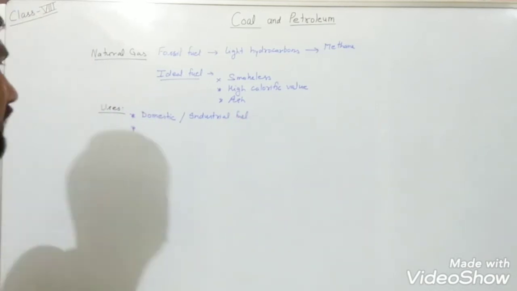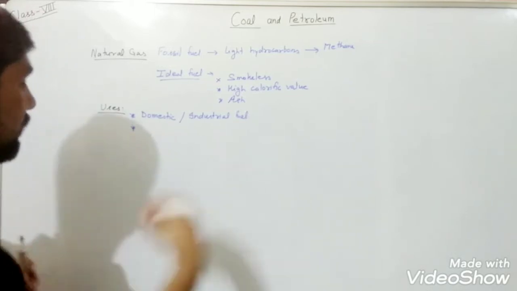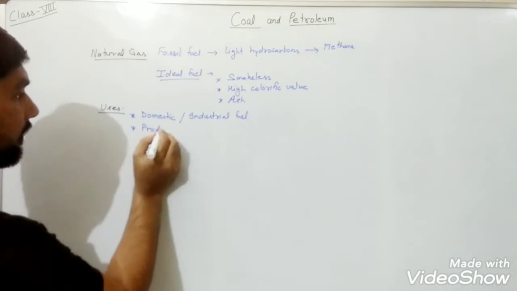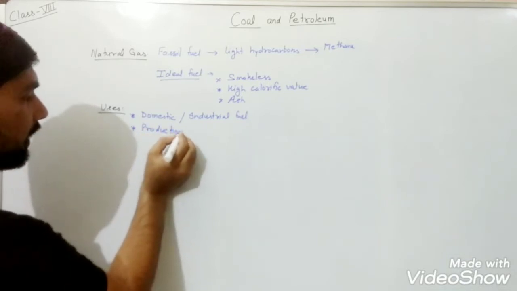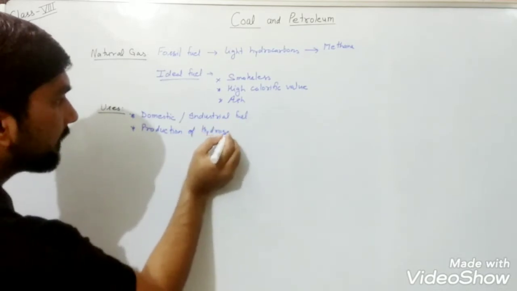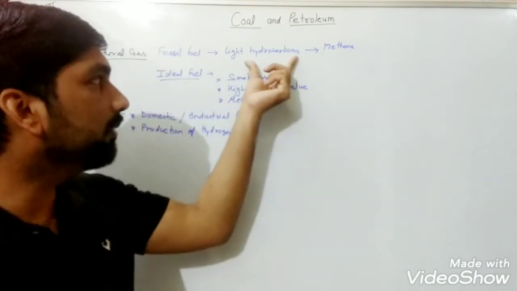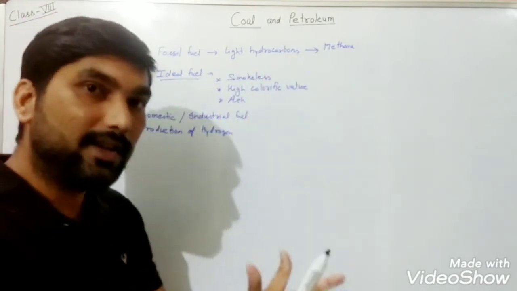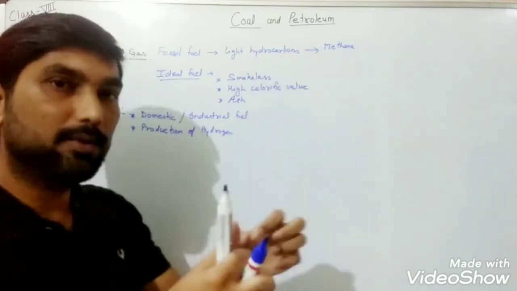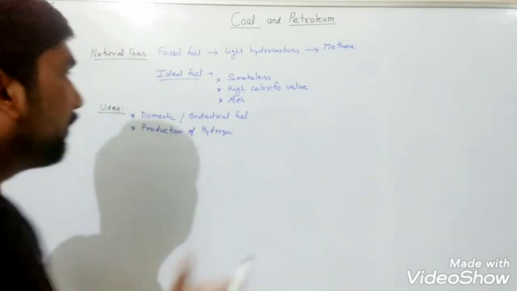Then this natural gas is also used for the production of hydrogen gas. Why? Because it is made up of hydrocarbons, and when we provide heat at high temperature, the carbon and hydrogen atoms are going to separate from the molecules.